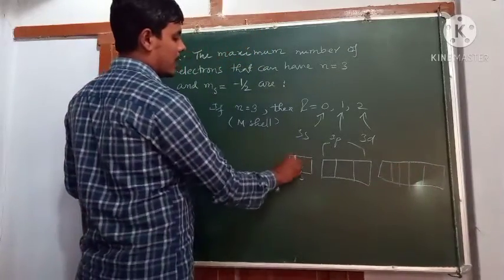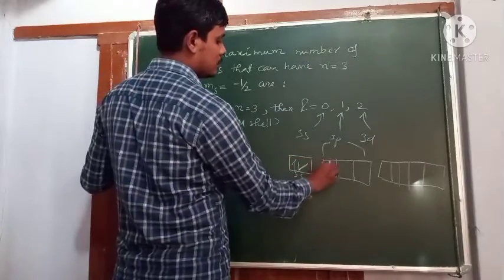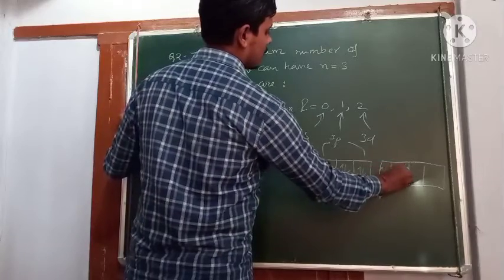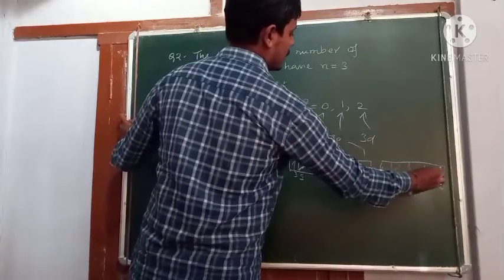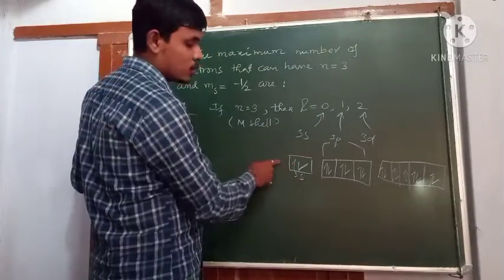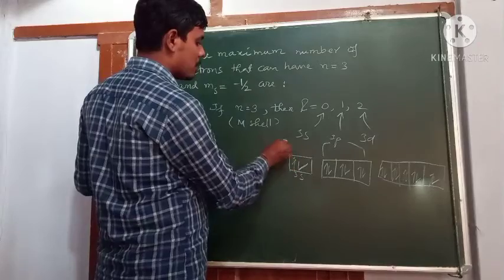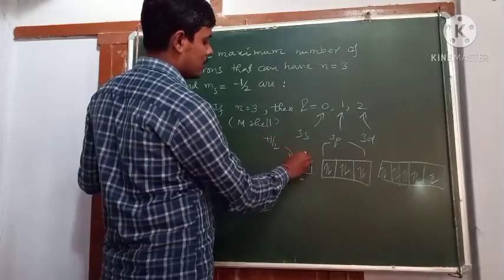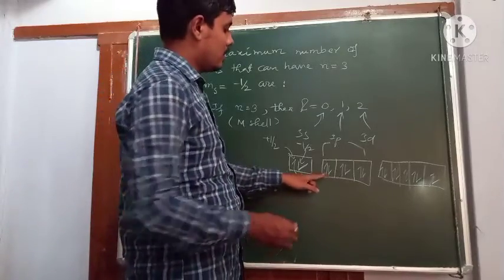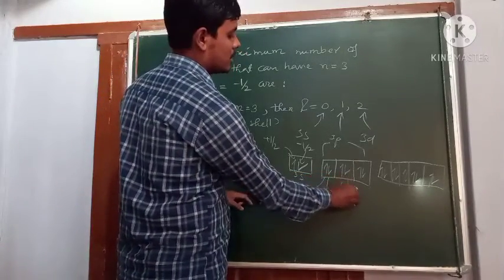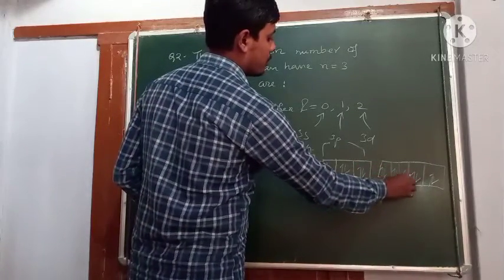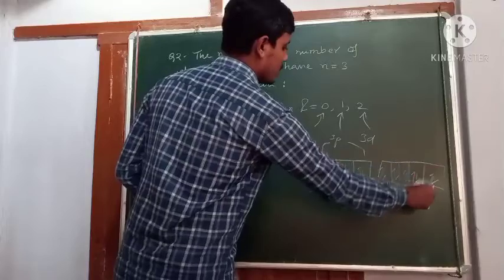So here I can have maximum 2 electrons, maximum 6 electrons, and maximum 10 electrons. For these 2 electrons, ms can either be plus half or minus half. Similarly plus half minus half, plus half minus half, and so on.